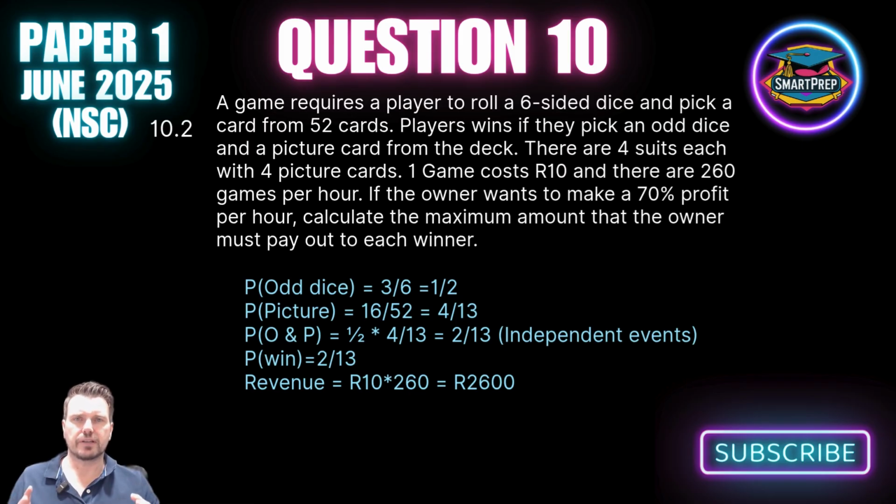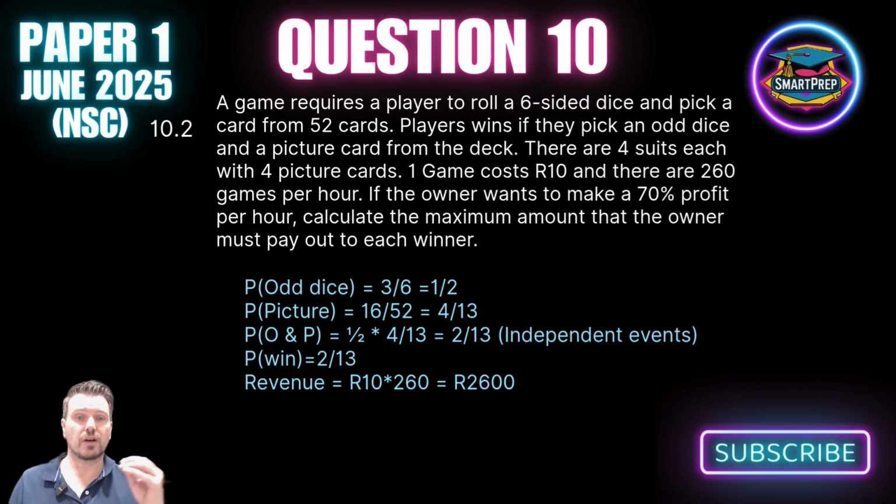Now let's look at the revenue that he's going to earn, because he's going to charge 10 Rand for a game and there are going to be 260 games an hour. So he will then earn 10 Rand times 260, which will be 2,600. Now he wants to make a 70% profit.